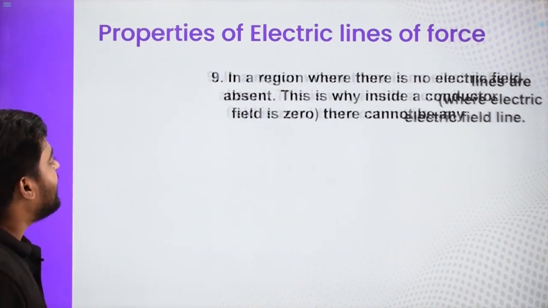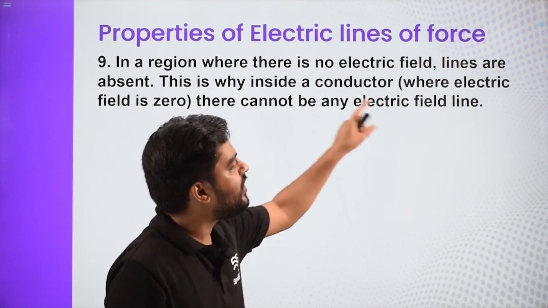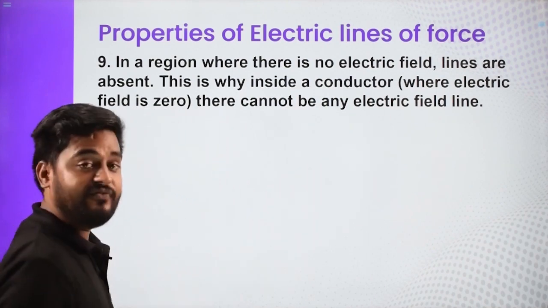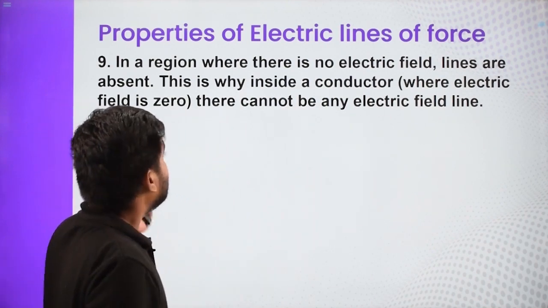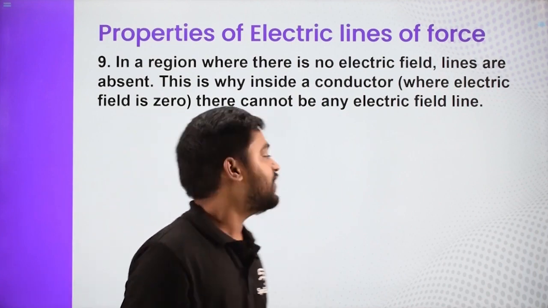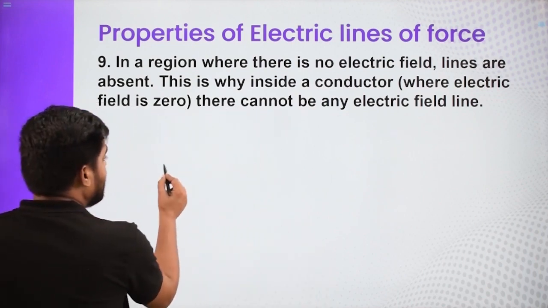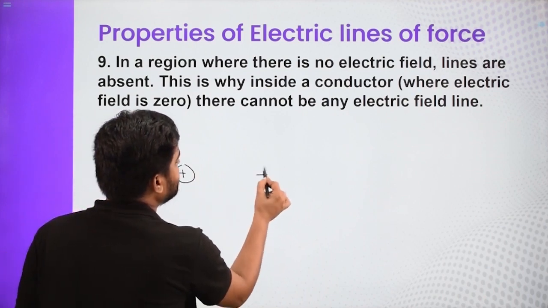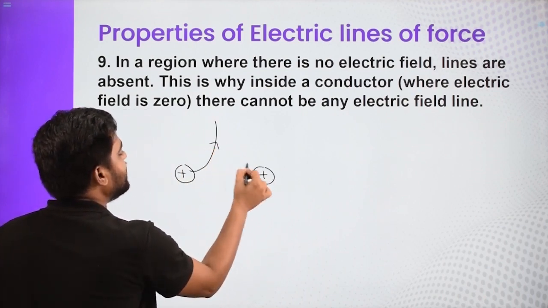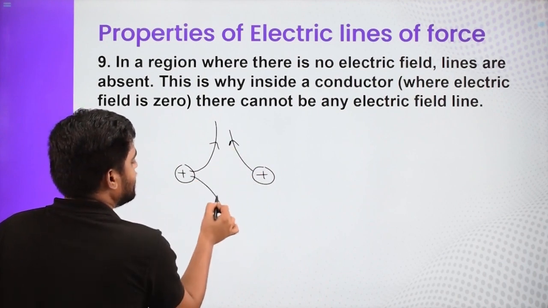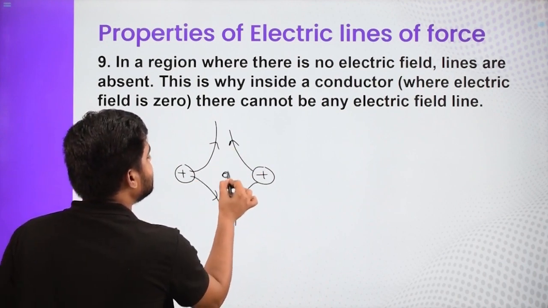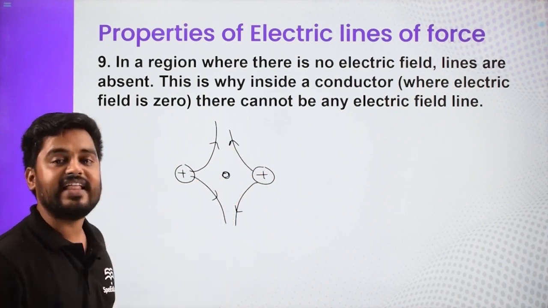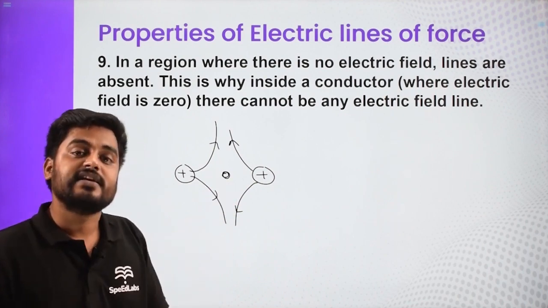Next, in a region where there are no electric field lines, or we can say field lines are absent, the field will be zero. For example, we have seen this is a positive charge and this was a positive charge, so field lines were going like this. There was no field line in this region, means the electric field at this particular point is zero.